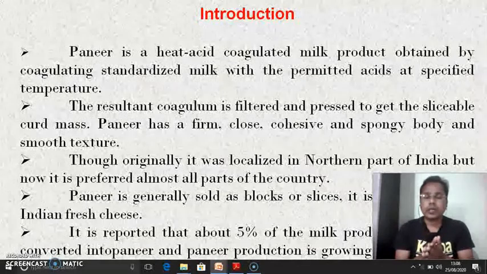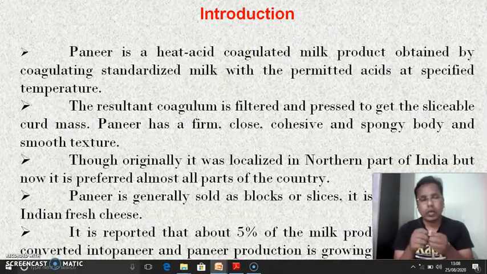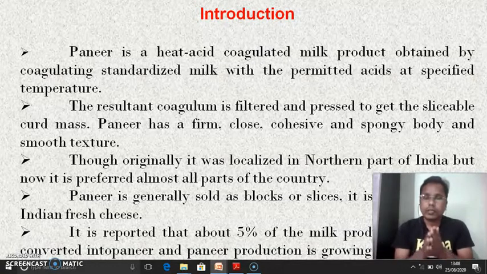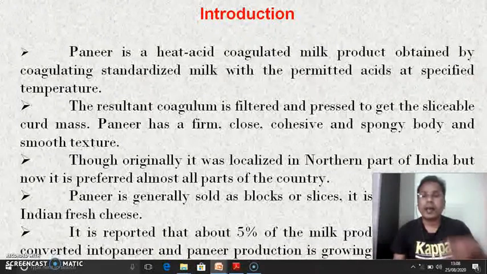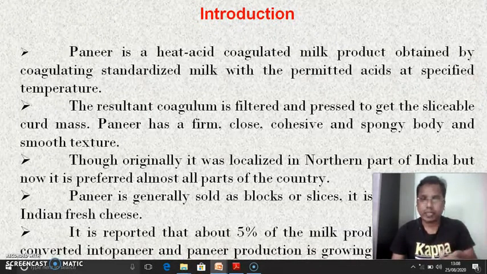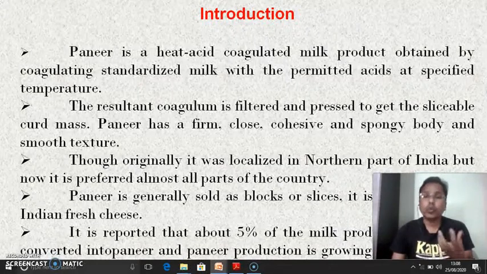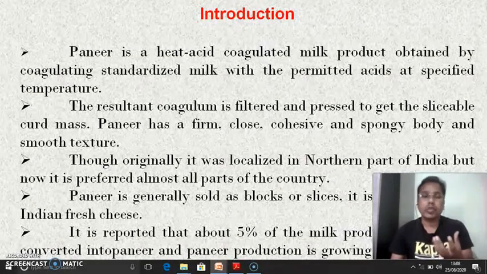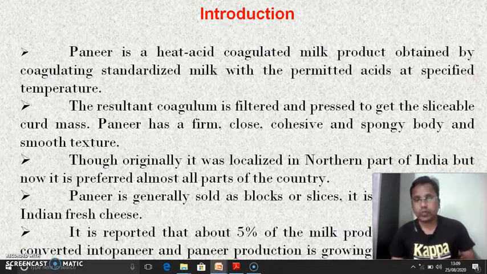After half an hour or an hour, the channa is removed from the cold water, and that is called paneer. That paneer has a firm, close, cohesive and spongy body and texture. So this is the paneer.